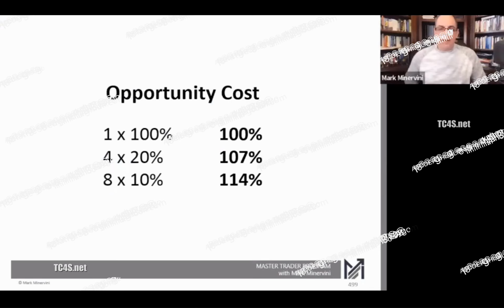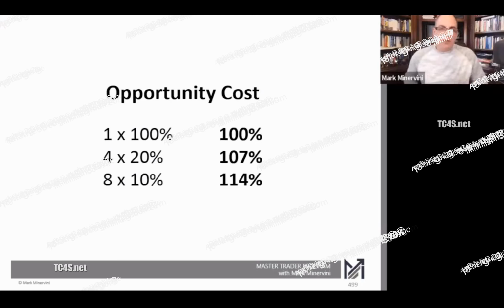Looking at the math again, you can get to a 100% return if you had 8 stocks that went up 10%, or ROI, return on equity. If you put your whole account into a stock and made 10% on it, you could find a stock that went up 10% 8 times in whatever period of time, a year, and you'd accomplish 114%.